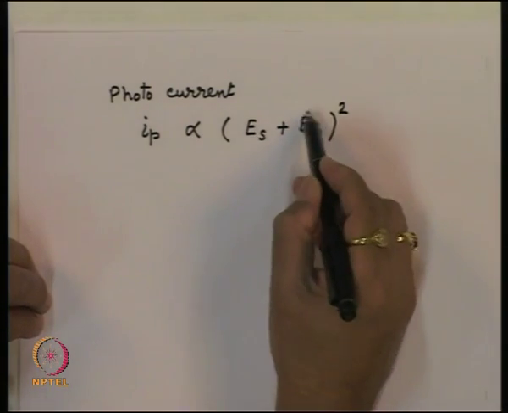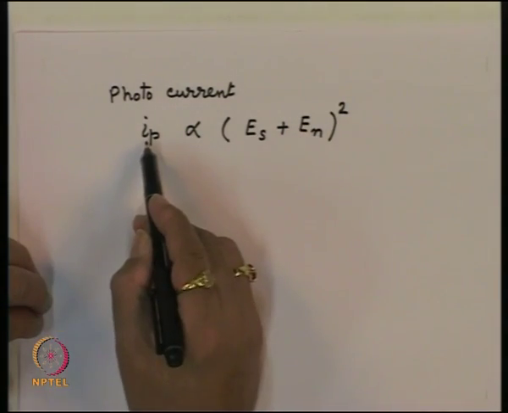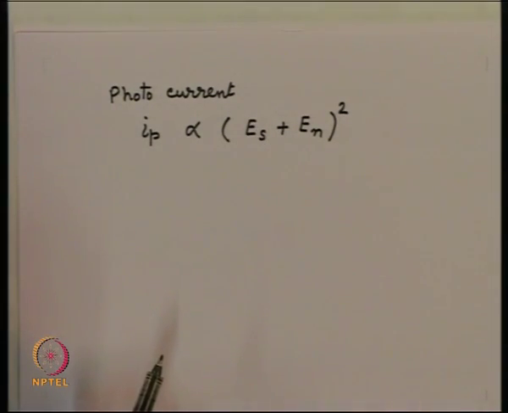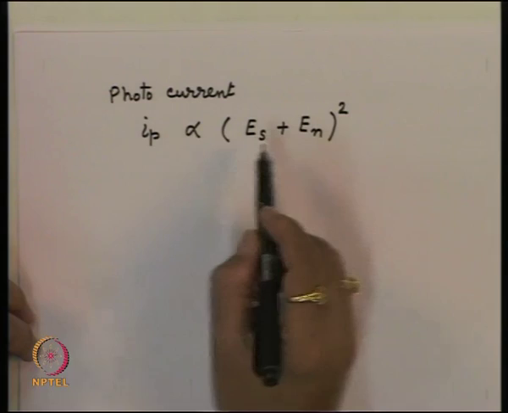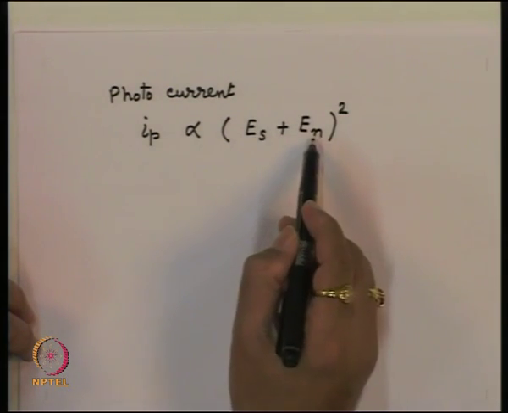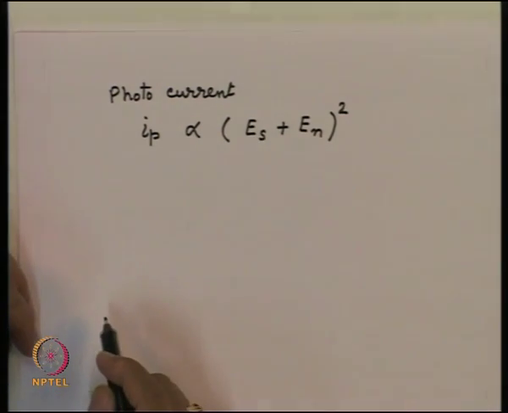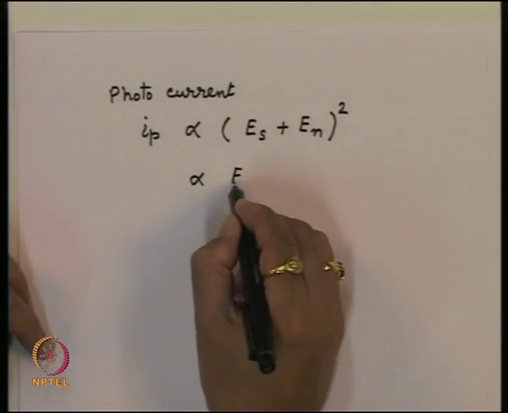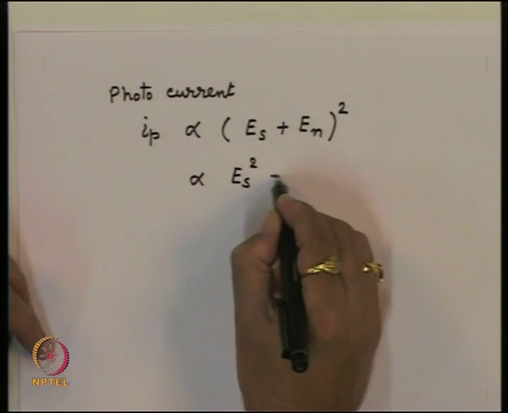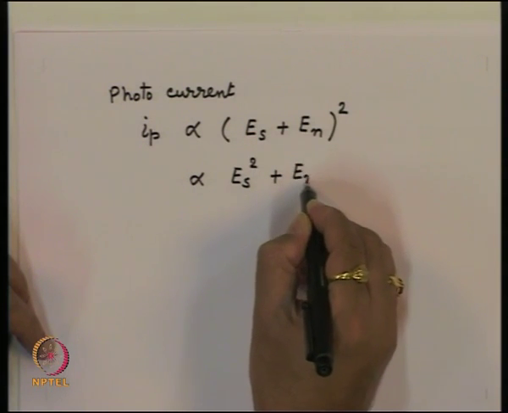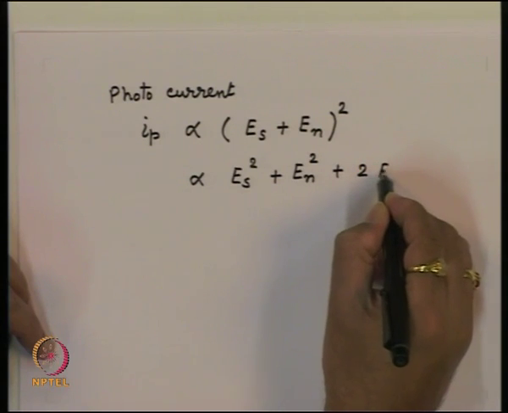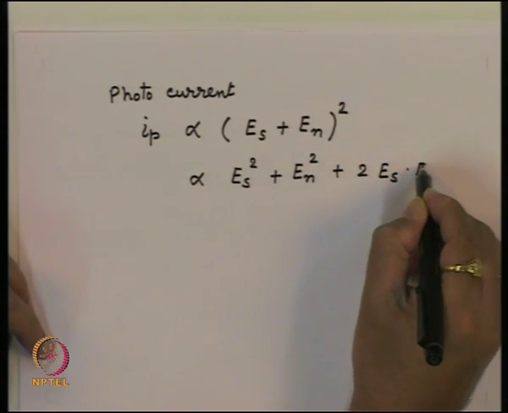In the absence of this noise, you have the photocurrent proportional to E signal square, which is the power in the signal. But now we have IP proportional to the sum of the electric fields of the signal and the noise. Therefore, this is proportional to Es square plus En square plus 2 times Es En.